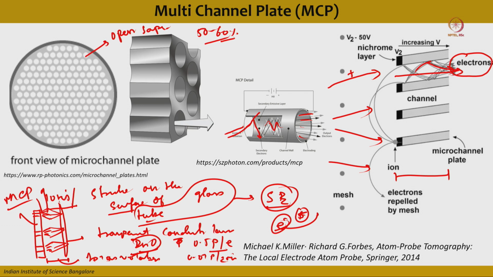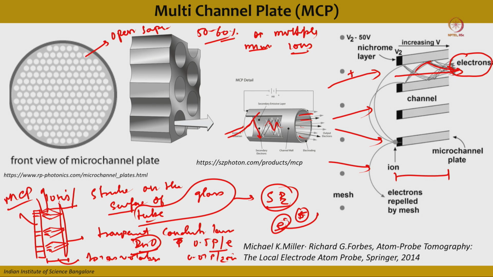And one more thing to remember is that multiple ions can contribute to one particular spot on the phosphor screen. So the detection efficiency of the MCP plate is directly related to the open channel space, which is around 50 to 60%.